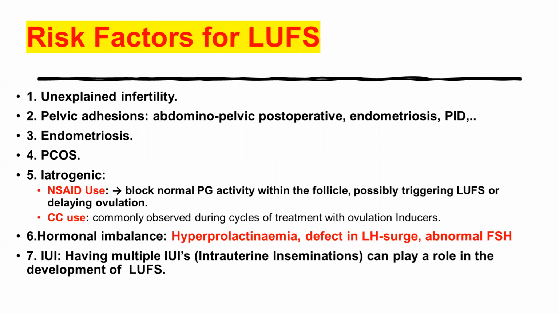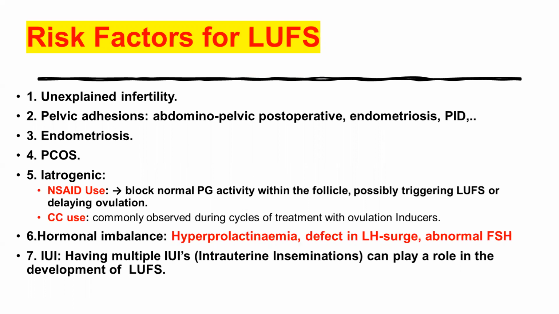So the patient with an unruptured follicle has a defect that is either hormonal, or anatomic, which is adhesions, or a defective inflammatory process of ovulation. Who is liable to have luteinized unruptured follicle syndrome?